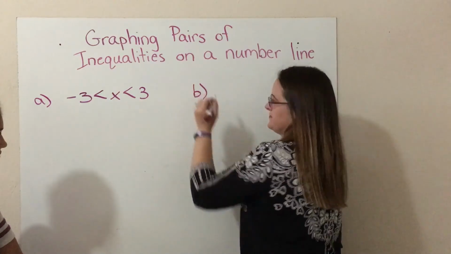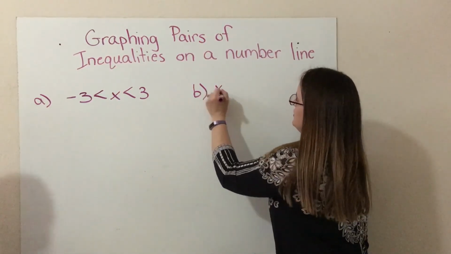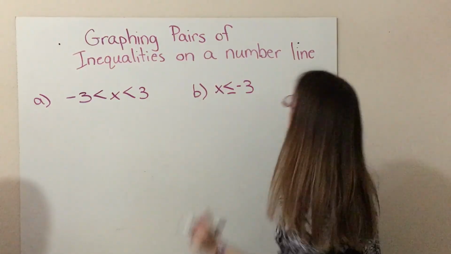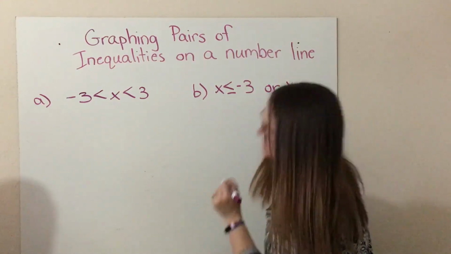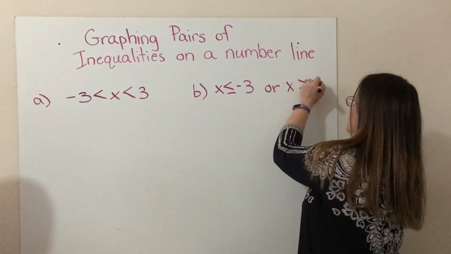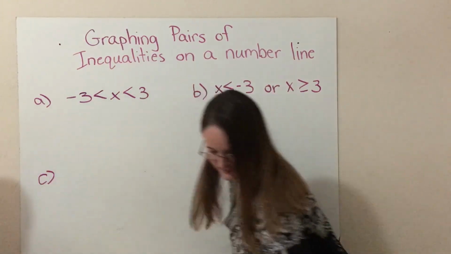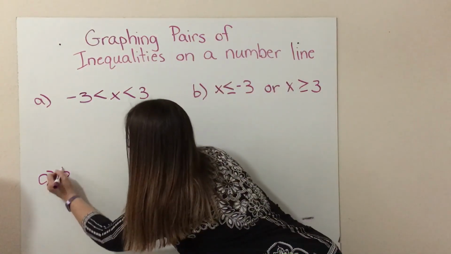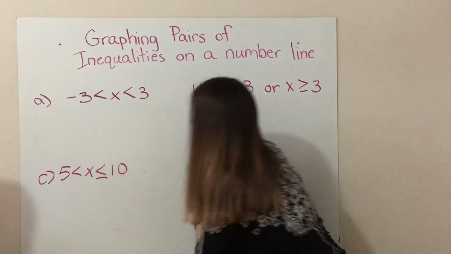Problem B. X is less than or equal to negative 3, or x is greater than or equal to 3. Problem C. 5 is less than x, which is less than or equal to 10.